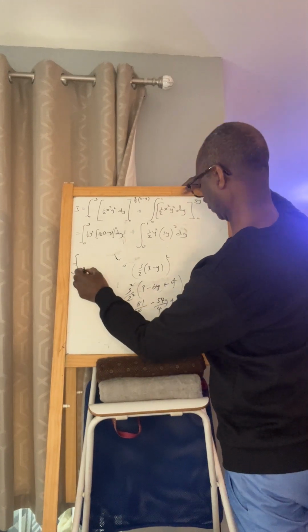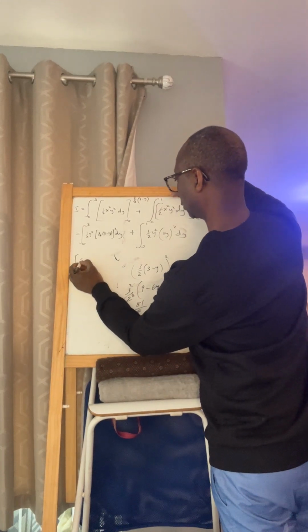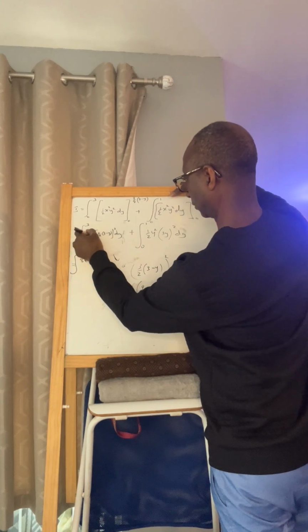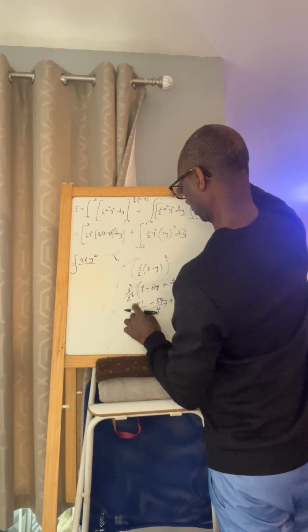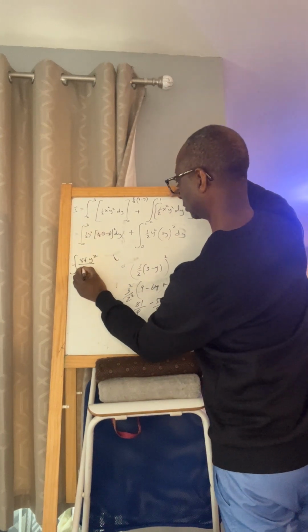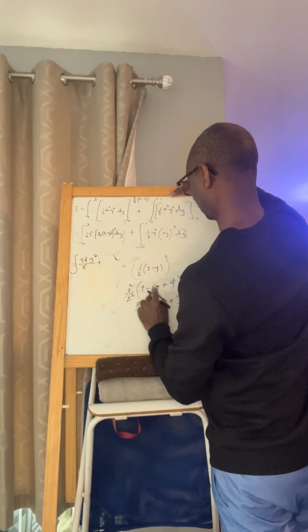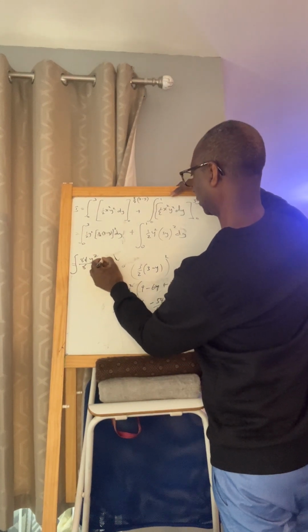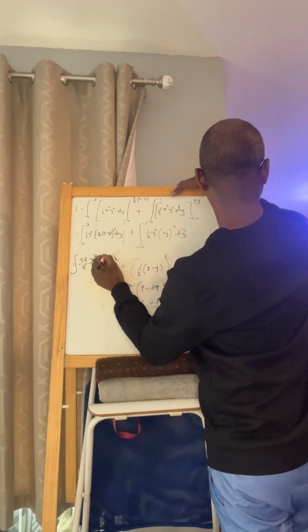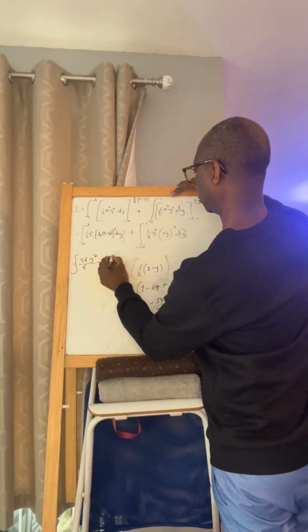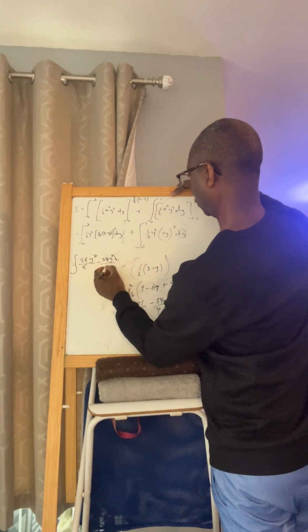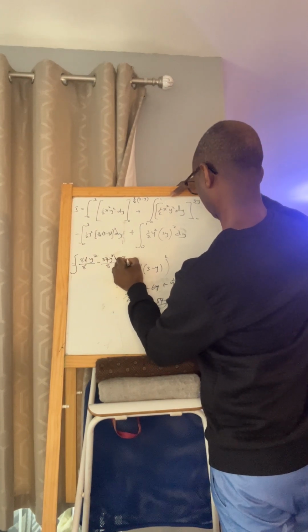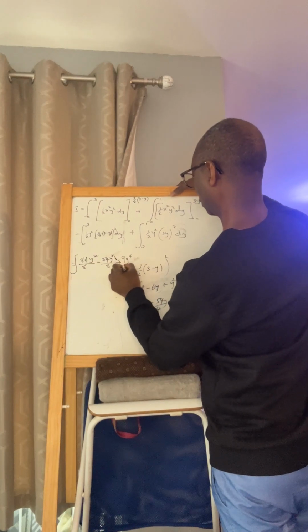So this is 81 y squared, I'm multiplying this, 4 times 2 gets 8, minus 54 y cubed all over 8, plus 9 y to the power of 4, all over 8.